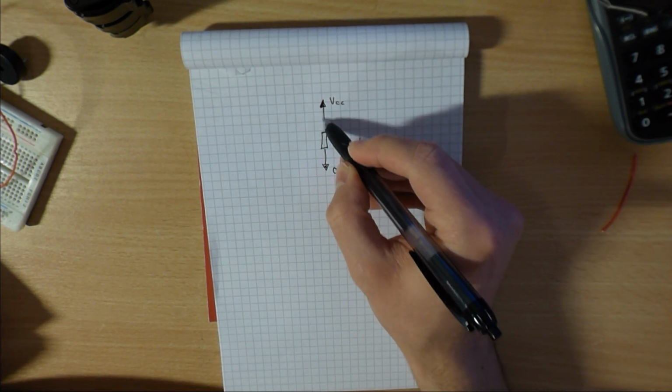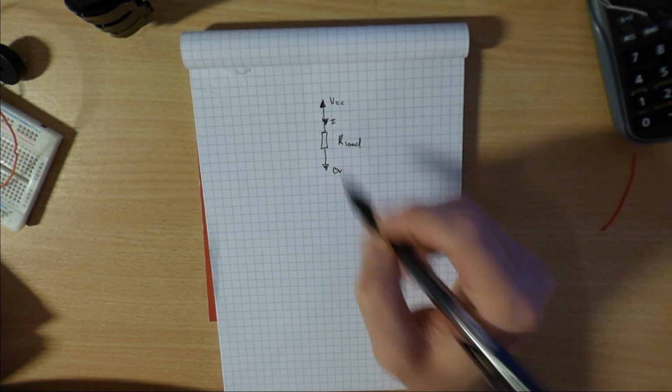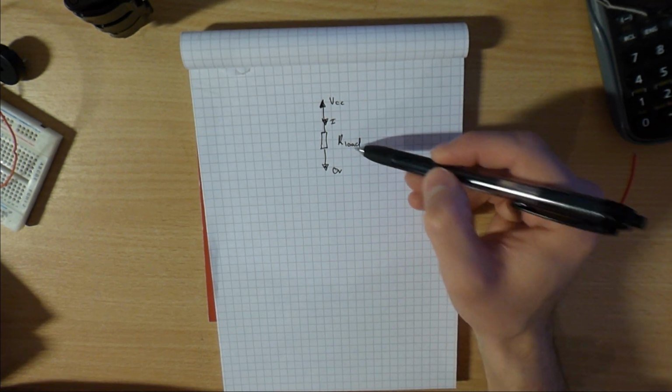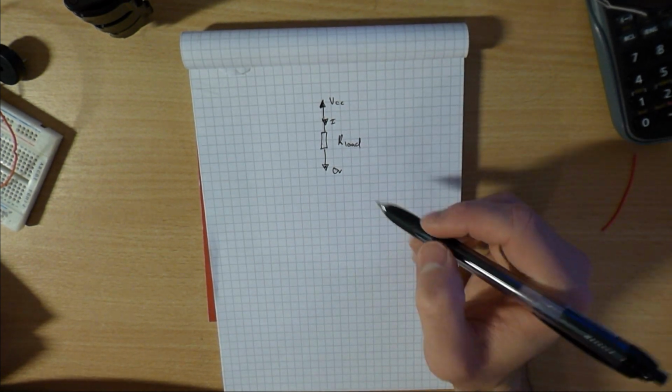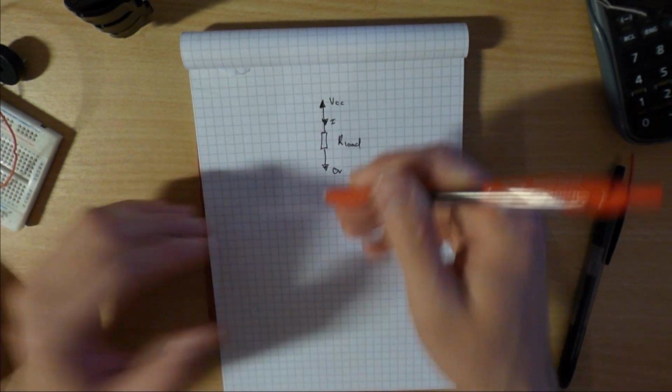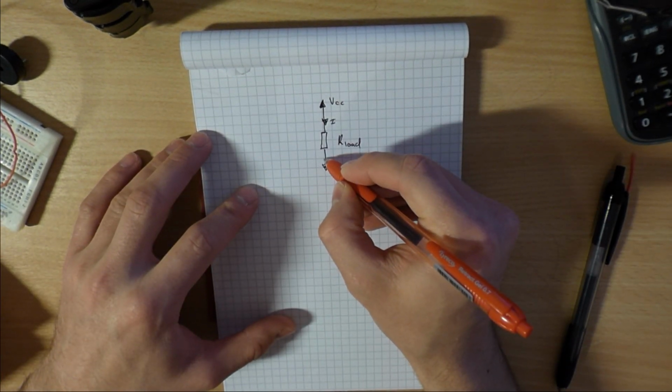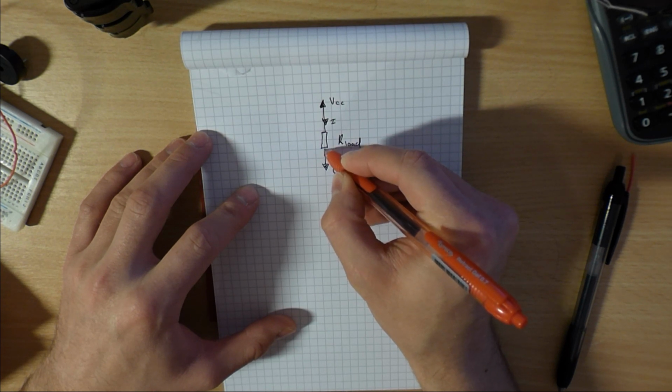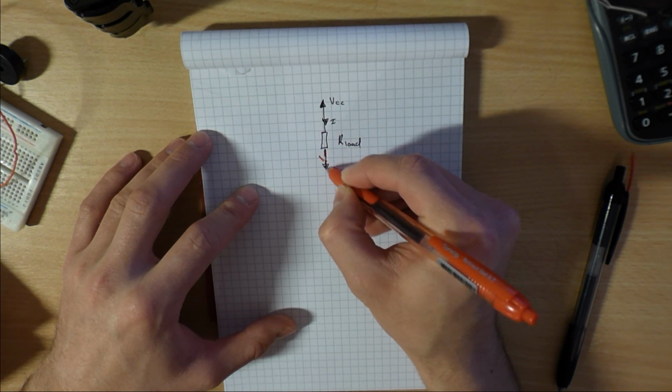Okay, so there's 0 volts. Some current will flow through here, proportional to the resistance and the voltage. So, let's say that we want to introduce a switch right here. So we're going to put a switch in here, like that.